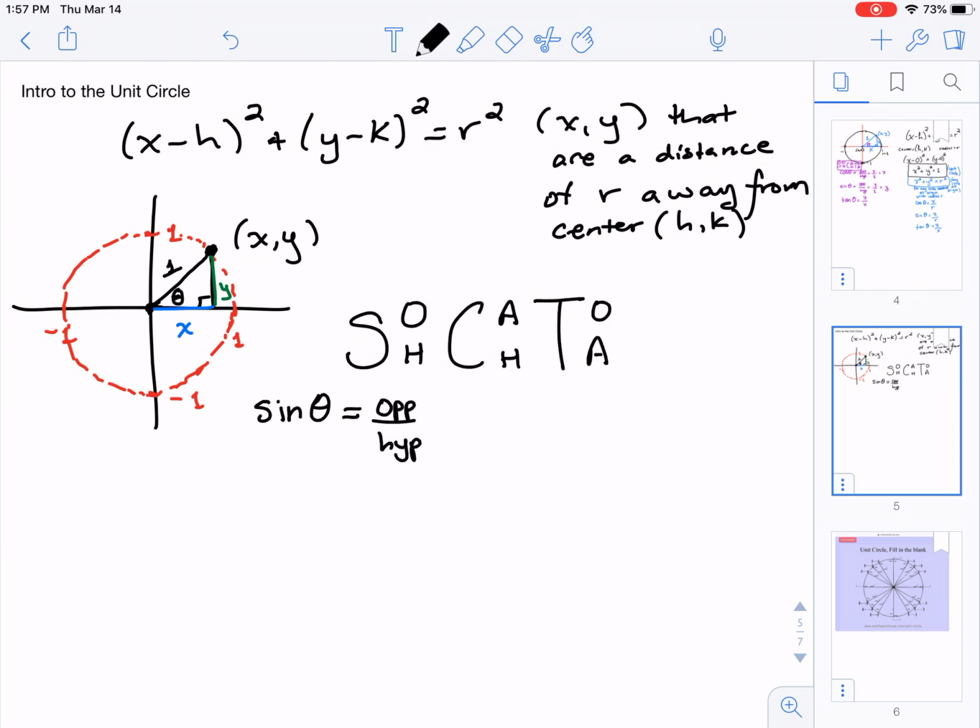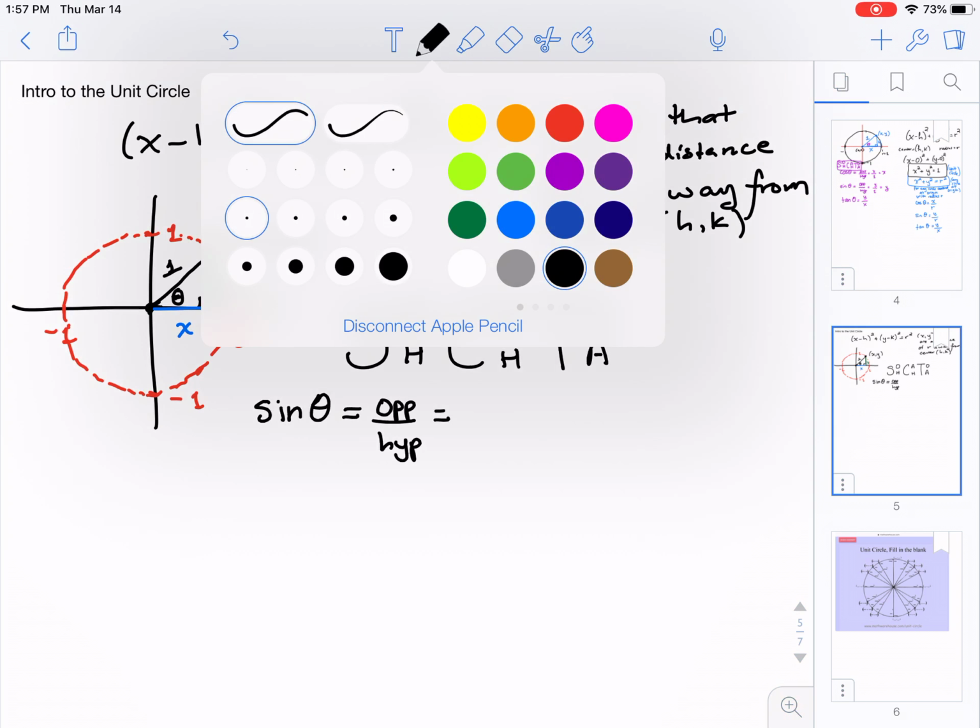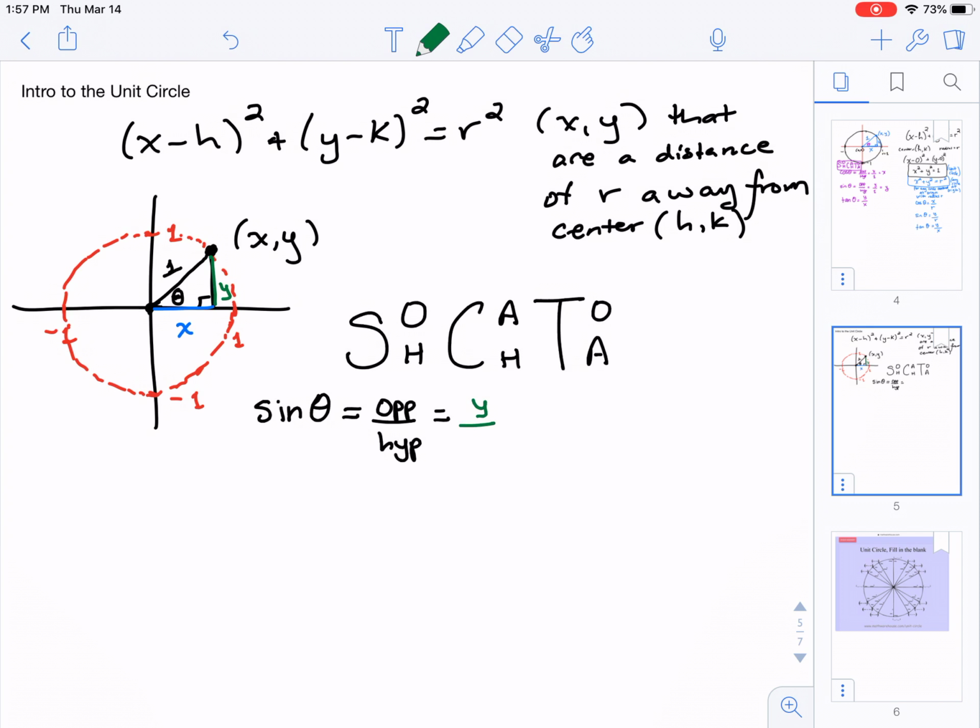Opposite the theta is the side y, and hypotenuse is 1. So what happens? We just get y. So for the unit circle, the sine of theta is equal to the y-coordinate at the point where we are.